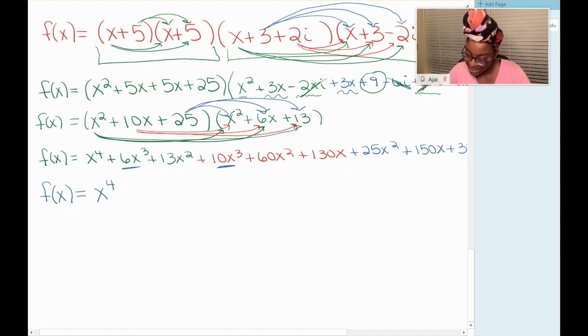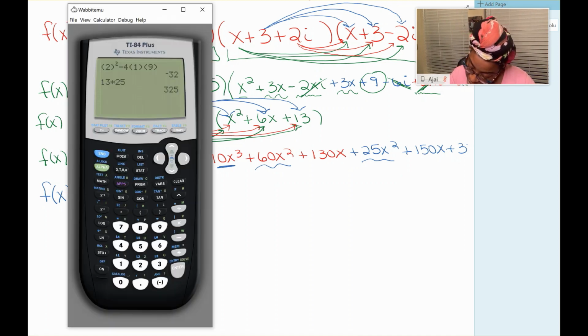So you got 6x to the third and 10x to the third. You're going to add those together and get 16x to the third. I have 13 plus 60 plus 25. That's 98.